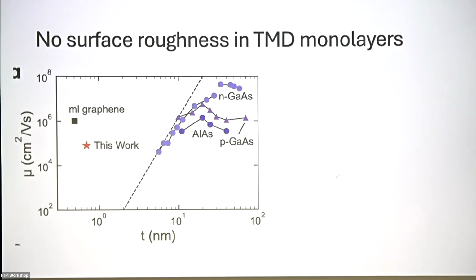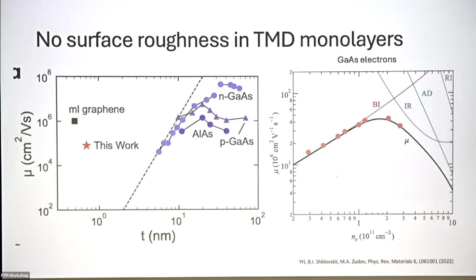Another comparison for this material to other materials is that because TMD monolayer is atomically thin, there's no surface roughness as observed in other kinds of semiconductors like gallium arsenide. For those semiconductors, the highest mobility is often limited by the surface roughness. This actually was explained by one of my papers in PRB 2 years ago.